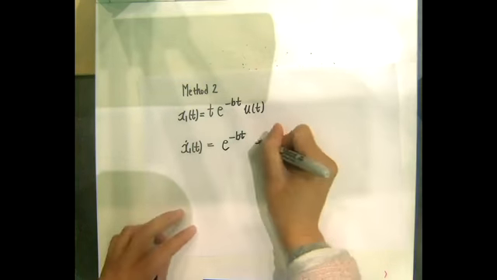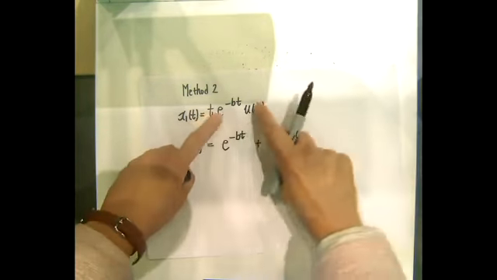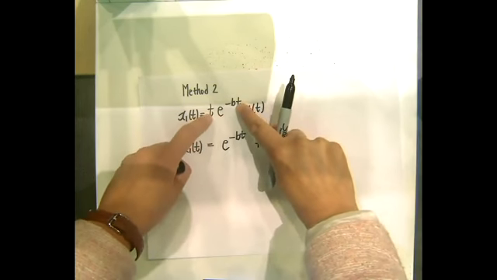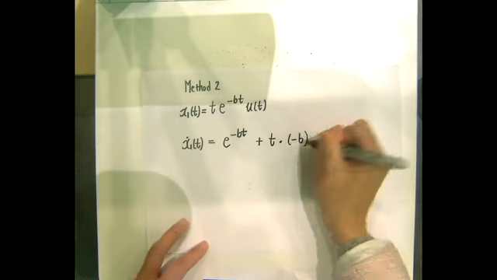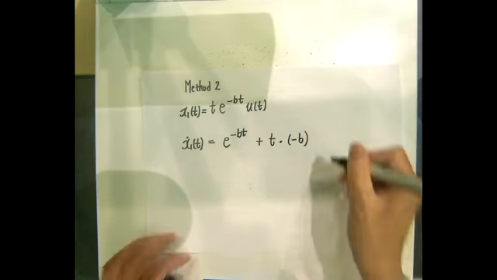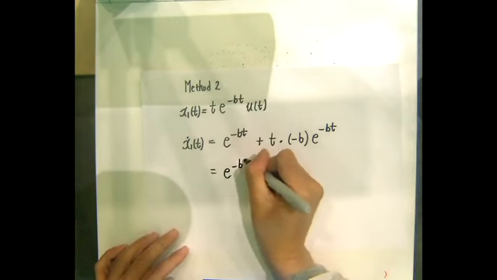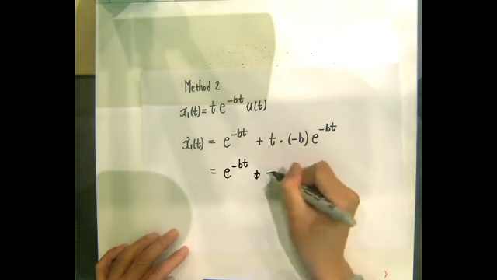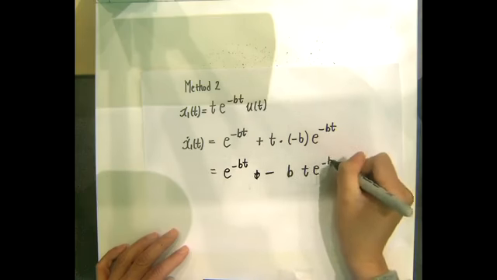I will also have, when I take the derivative, I need to fix this term and take the derivative of the first part, then fix the first part and take the derivative of the second part. This one would be minus b, and e^(-bt). Okay? And this one will be e^(-bt) plus minus b t e^(-bt).